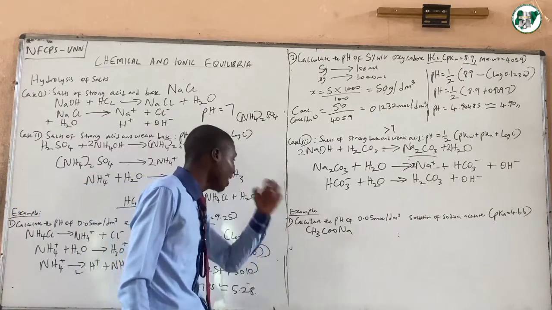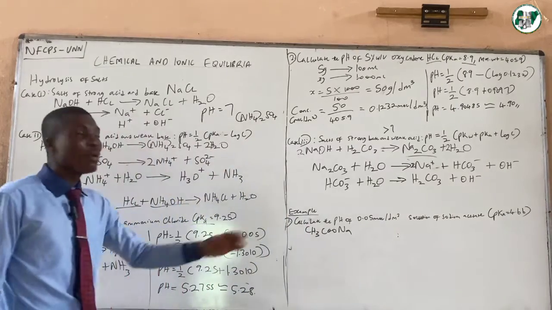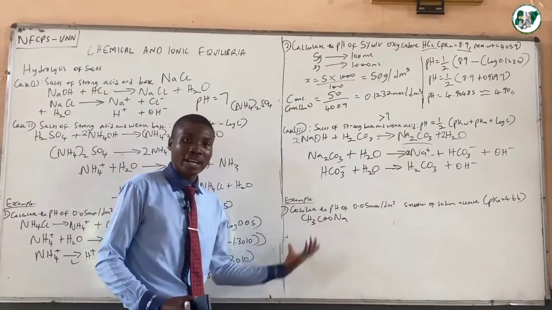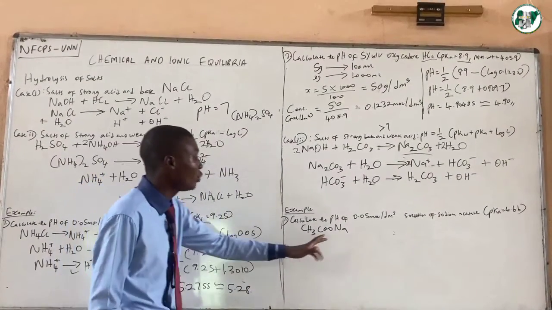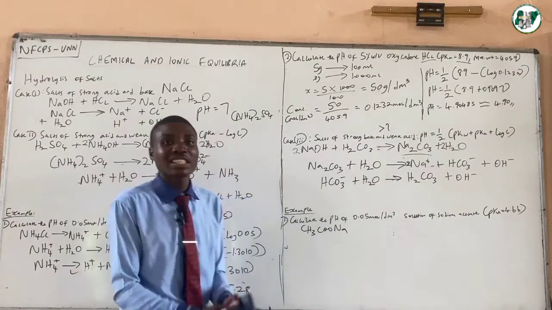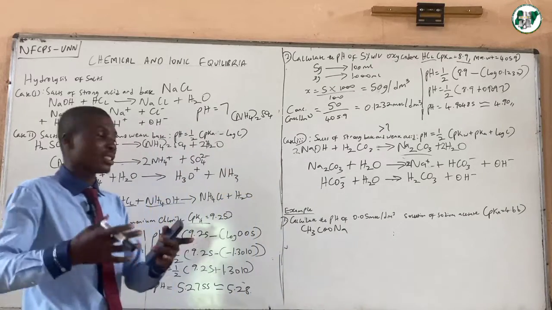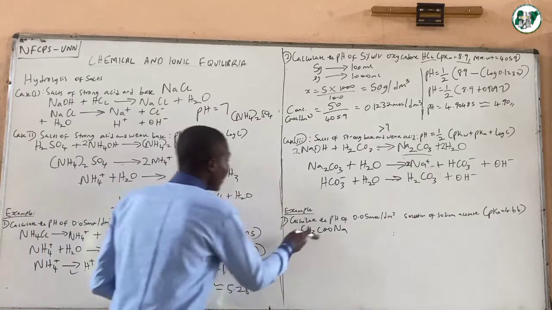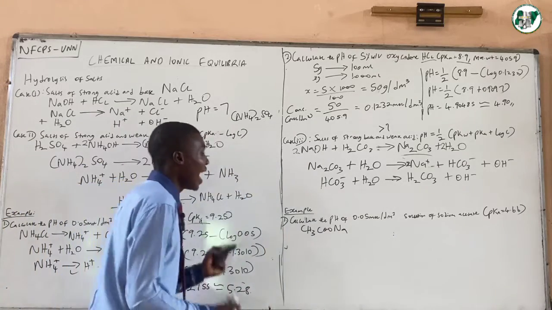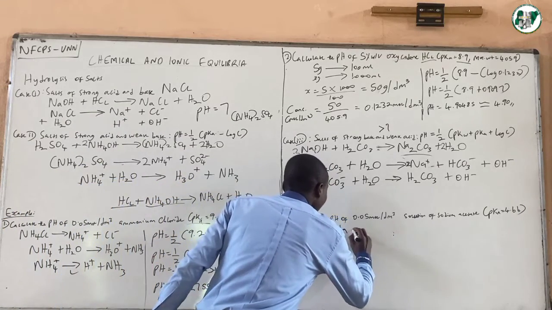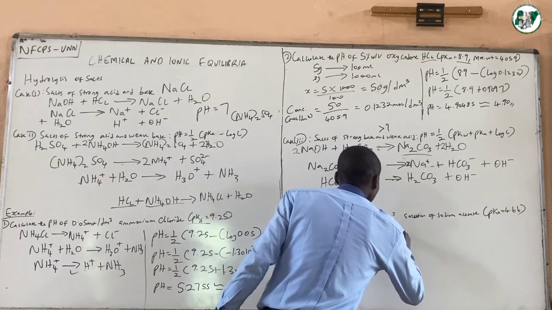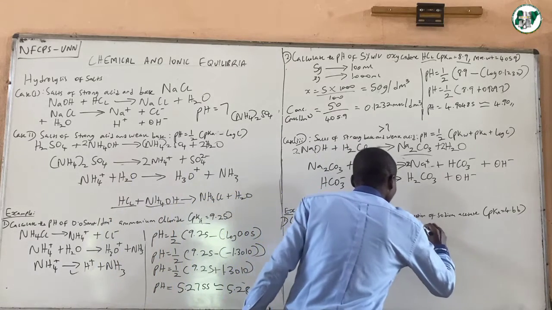Now CH3COONa is coming from two things: CH3COOH, that's ethanoic acid, reacting with NaOH. Ethanoic acid is a weak acid. NaOH is a strong base. So CH3COONa will dissociate into CH3COO- plus Na+.